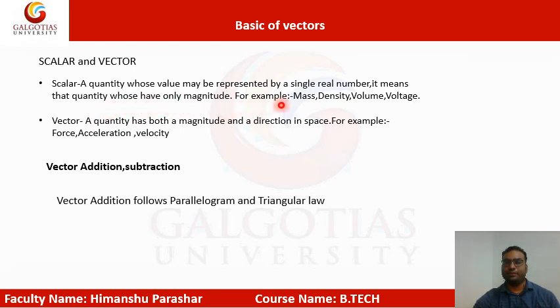For example, mass, density, volume, voltage. Whereas a vector is a quantity that has both magnitude and direction in space. For example, force, acceleration, velocity. These are examples of scalar and vector, and we have studied them previously in our 11th, 12th and first year of BTech classes.